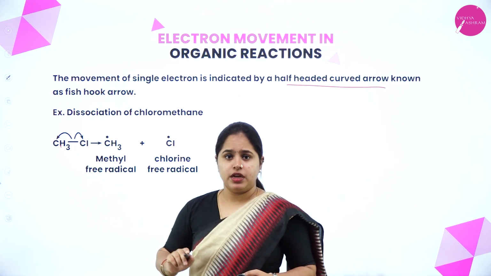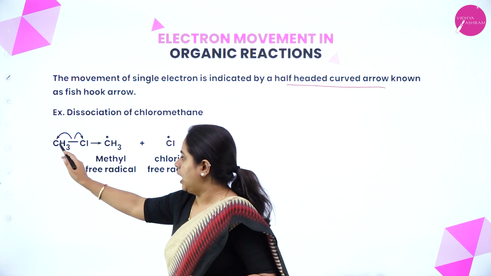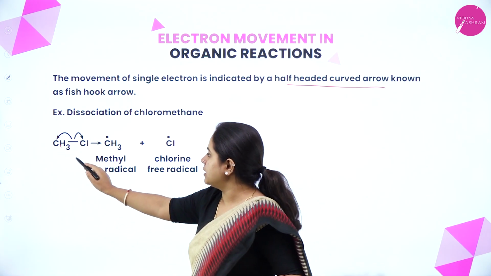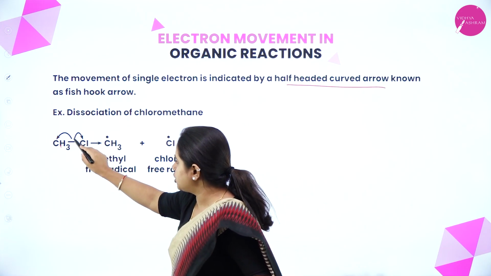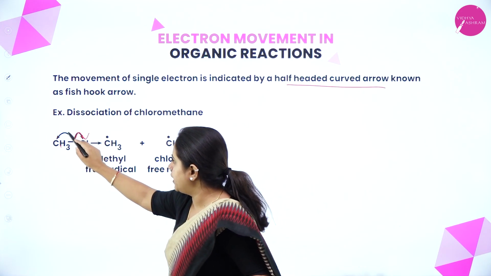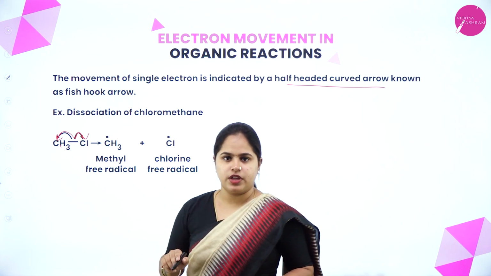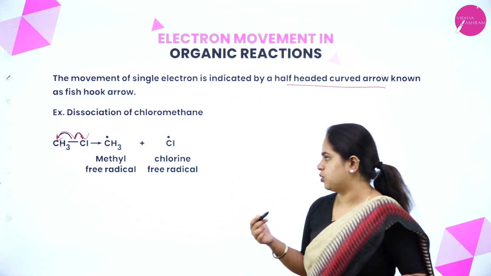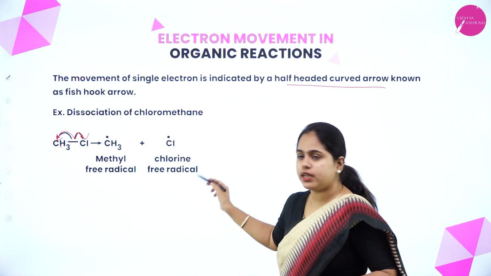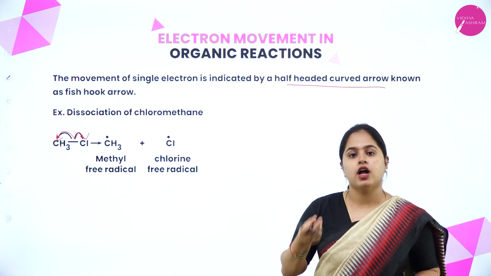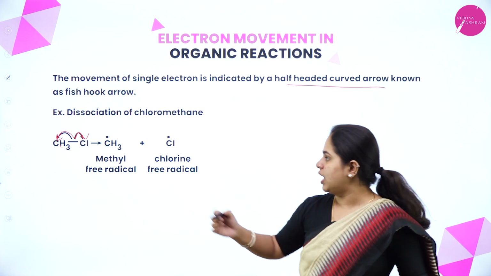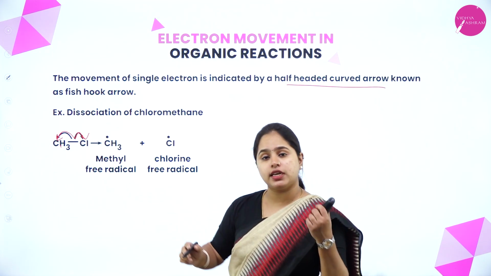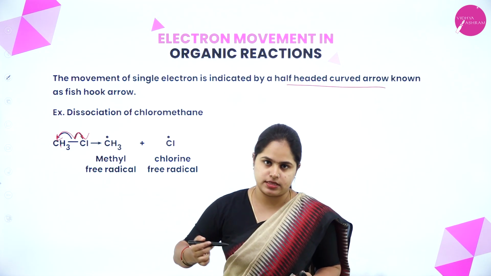Now 1 electron goes to the alkyl CH3 and 1 goes to the chlorine. It is shown by half-headed single arrows. This is called a fishhook, and what you have got here are called radicals. Odd electron species are called radicals. So the movement of single electrons will be shown like this.